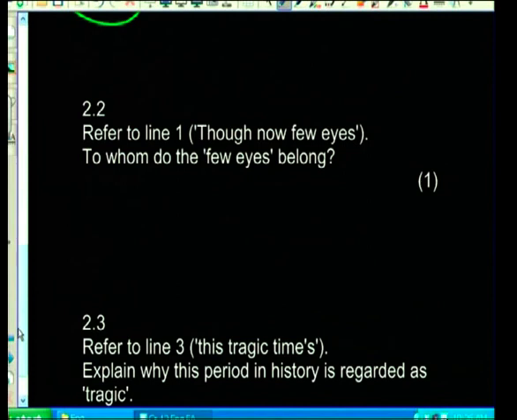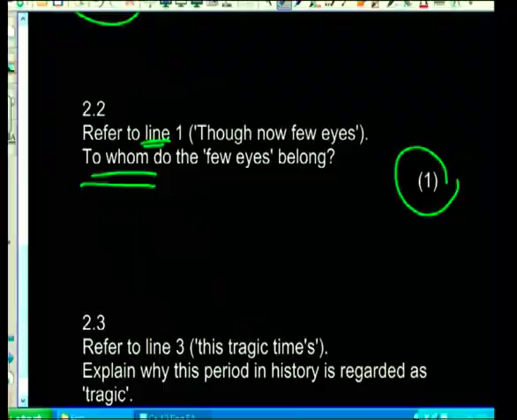Now referring to line 1. Though now few eyes. To whom do the few eyes belong? 1 mark. To whom do the few eyes belong? And here what you could think of is, he says, though now few eyes can see beyond this tragic time's complexities.